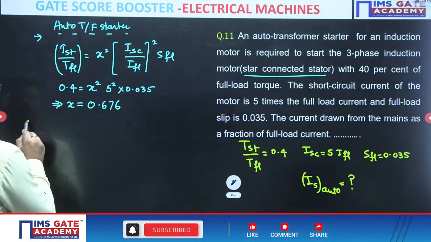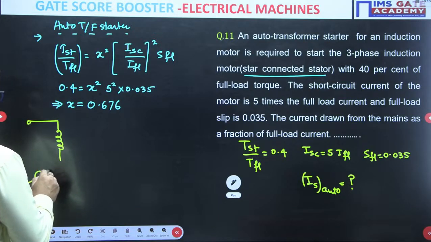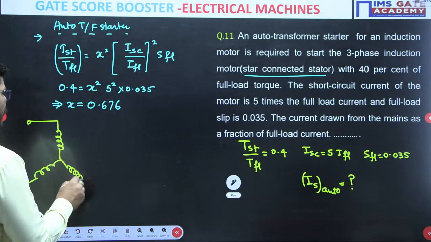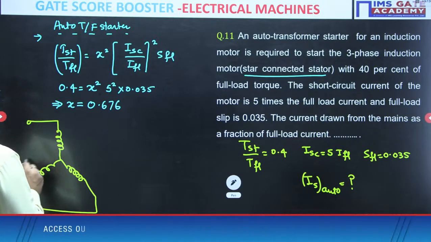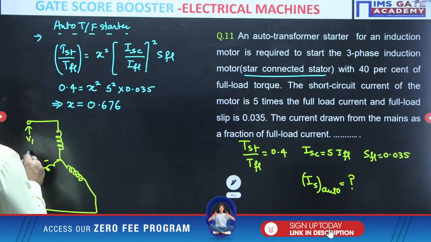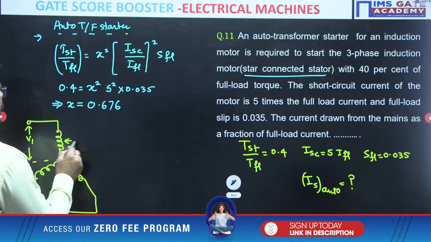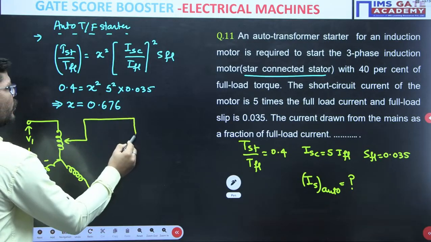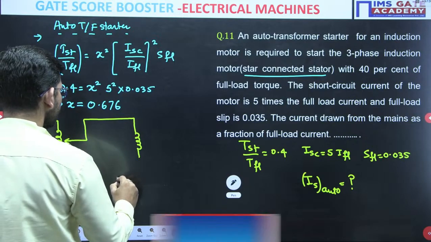Just see, we have auto transformer. If you will draw the figure, everything will be clear to you. We have auto transformer, okay, and in auto transformer this voltage is V1, okay. Then what voltage our motor is receiving? Motor stator is also star connected.